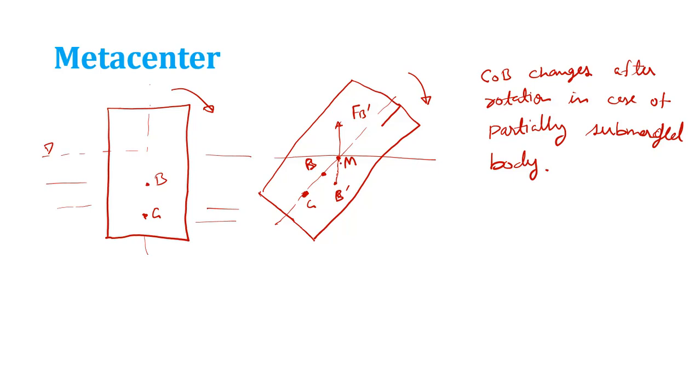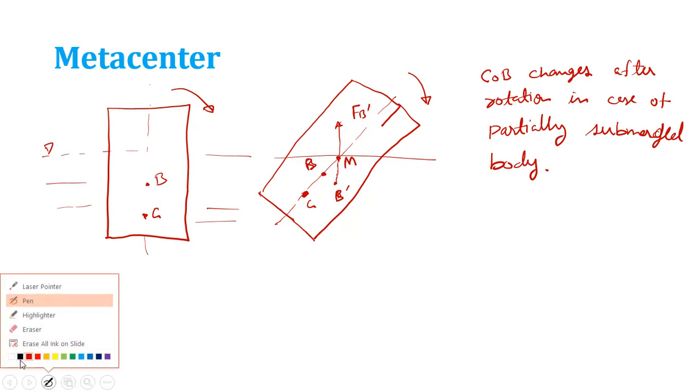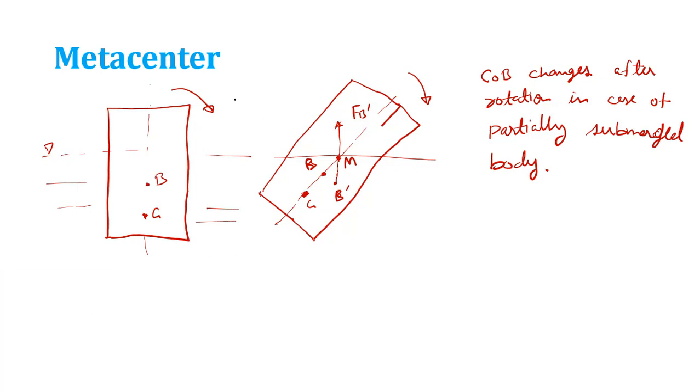Okay. So now let us try to understand whether this is a stable condition or not. So I have tried to rotate in this direction. What will be the tendency of this new buoyancy force in rotating this block about G?